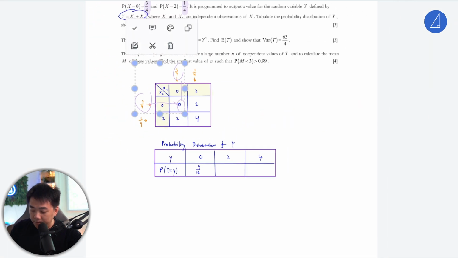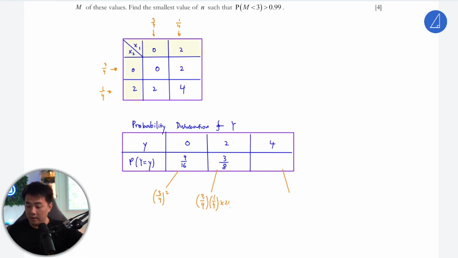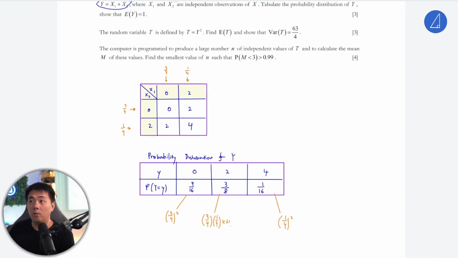Then to get 2, it will be 1/4 times 3/4 for this 2 here, and also 1/4 times 3/4, so it's twice 1/4 times 3/4. For the last one, to get 4, we just take 1/4 times 1/4, which is 1 over 16. So this is the probability distribution of Y.